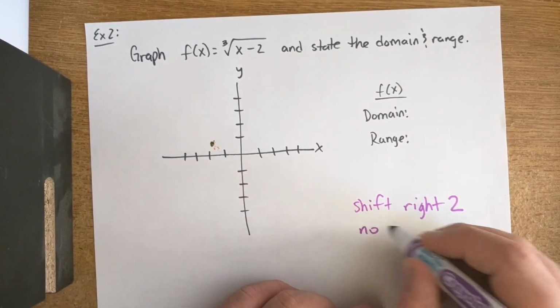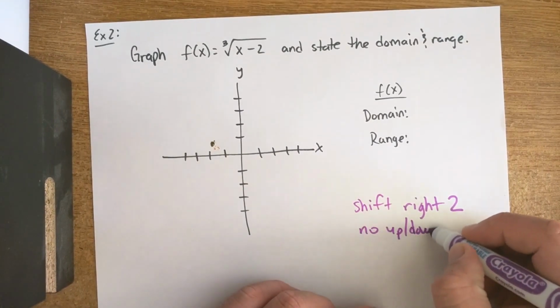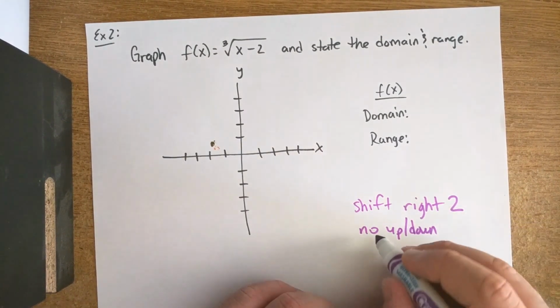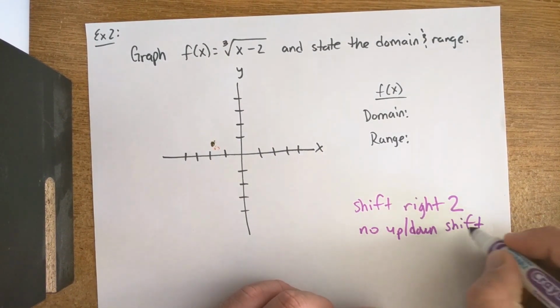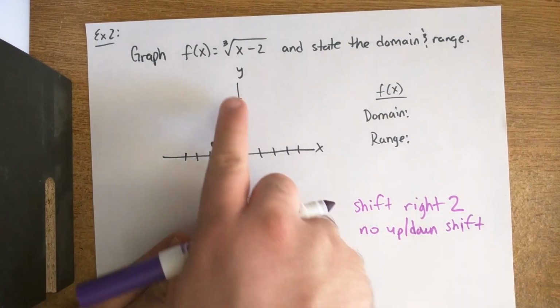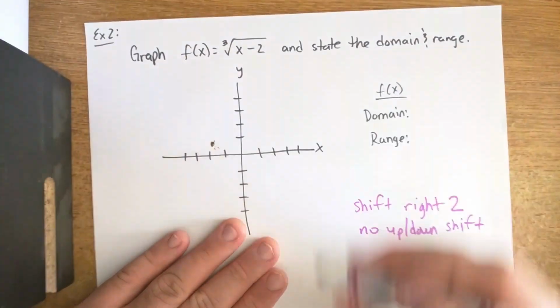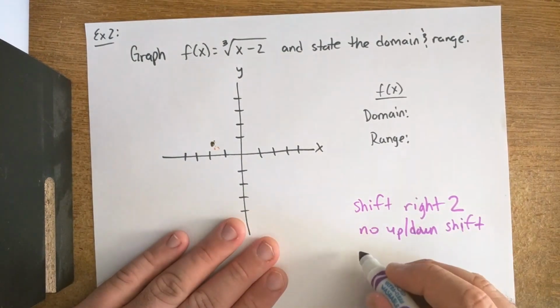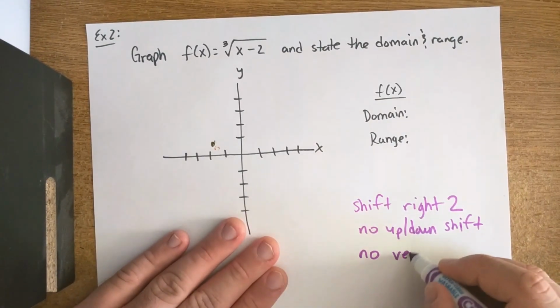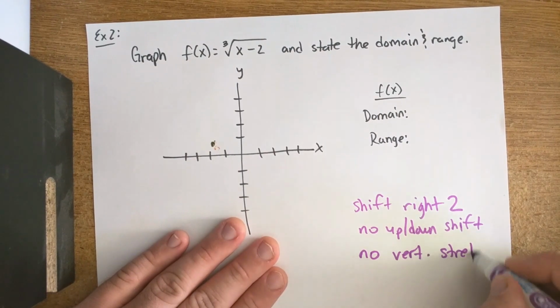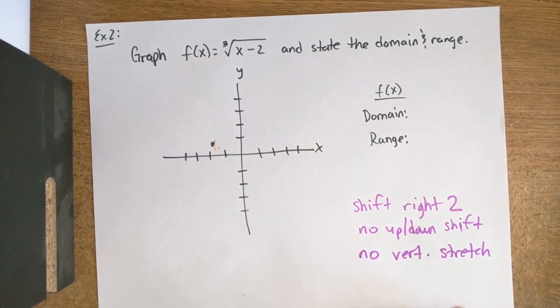That means there's no up-down shift. So we're not going to be shifting up or down. And then there's no a value here besides 1. There is a 1 here, but because there's no other number, there's no vertical stretch. So this should be a relatively easy problem.